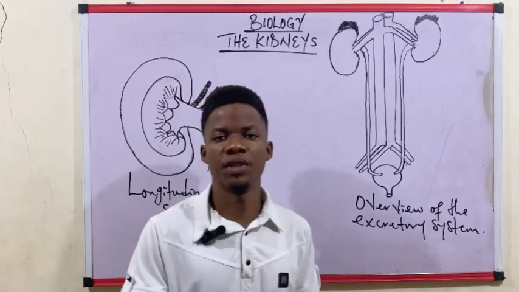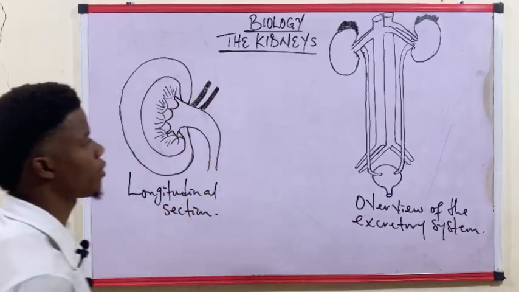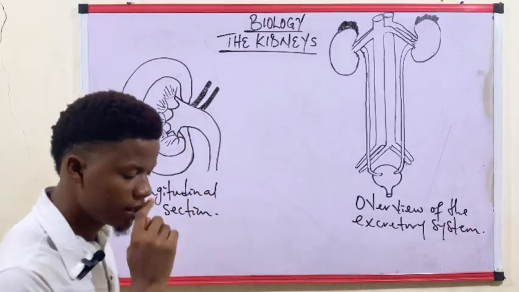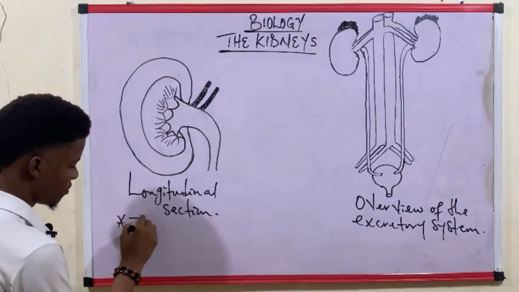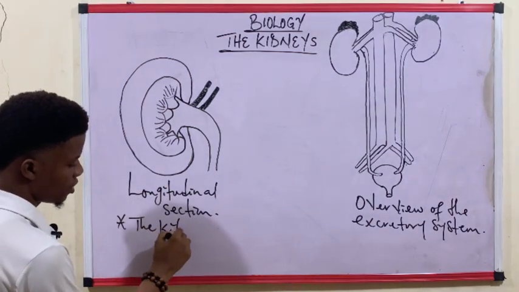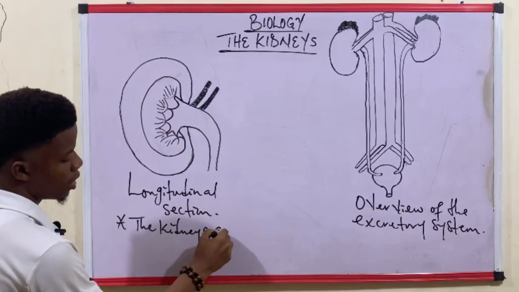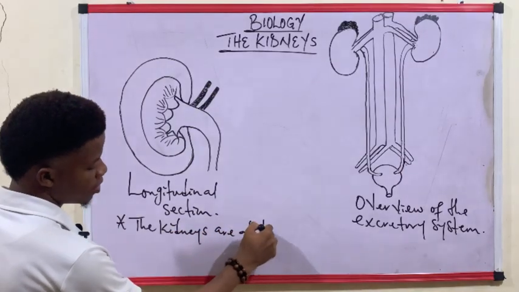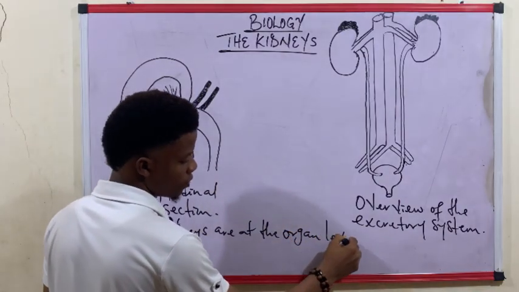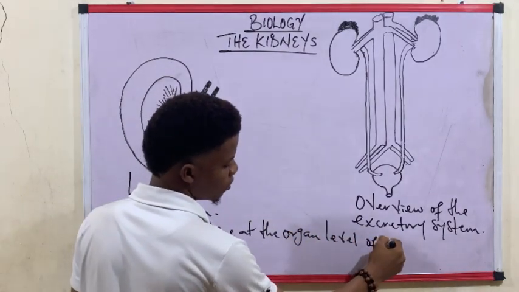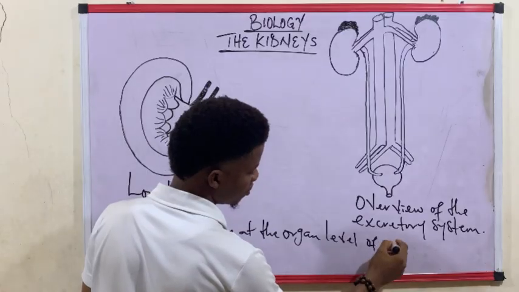Alright, so what are the basic facts we need to know about the kidney? Fact 1, the kidneys are at the organ level of organization.